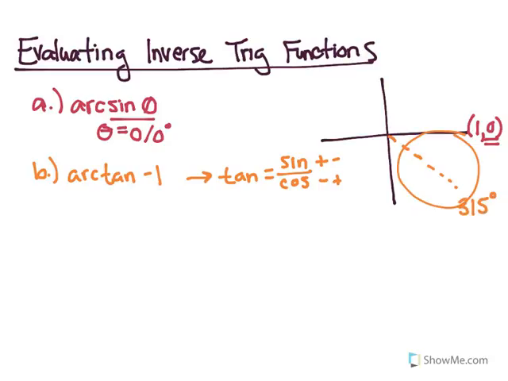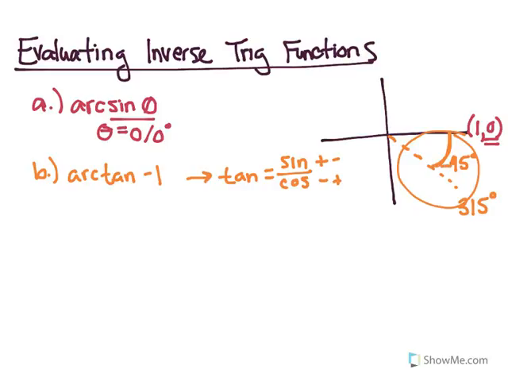Now, this is only 45 degrees from the x-axis. Remember what we said about our answers earlier: my answer is either positive in quadrant 1 or negative in quadrant 4. So this in actuality is negative 45 degrees.